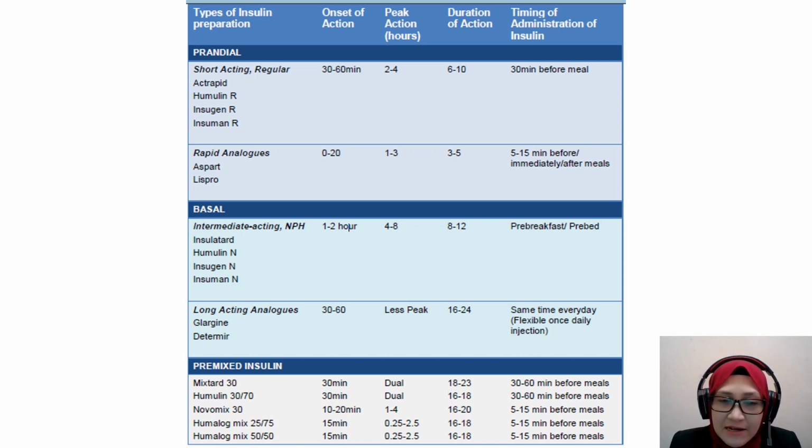It says here that glargine can be used because this is from the guideline as well, but in practice it is more preferable to start with intermediate acting insulin like Insulatard or Humulin N or Insugen, because we do not want to risk hypoglycemia due to the long acting insulin.